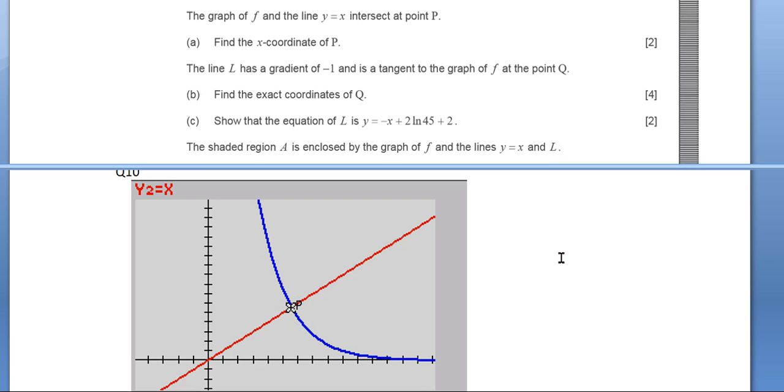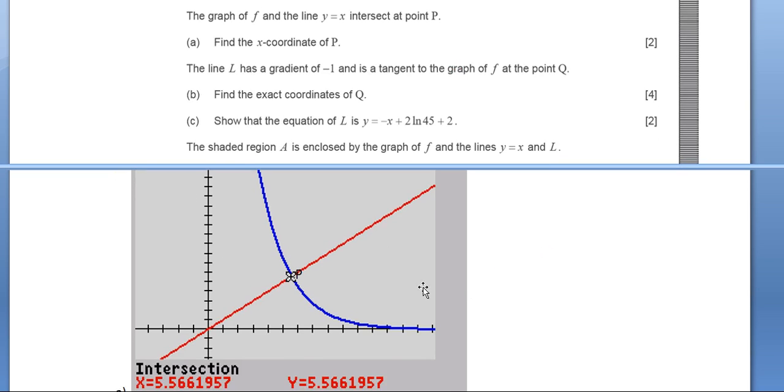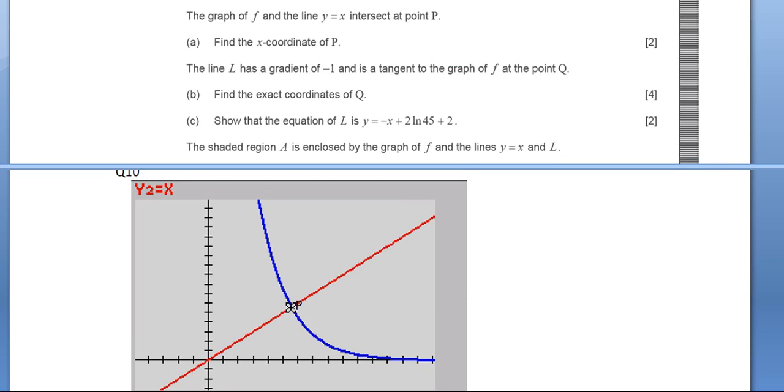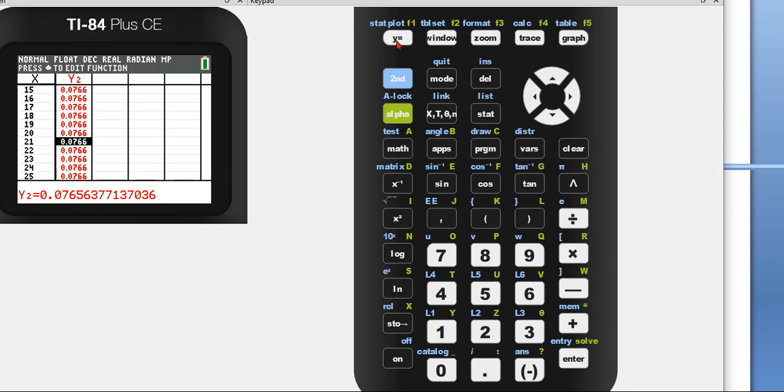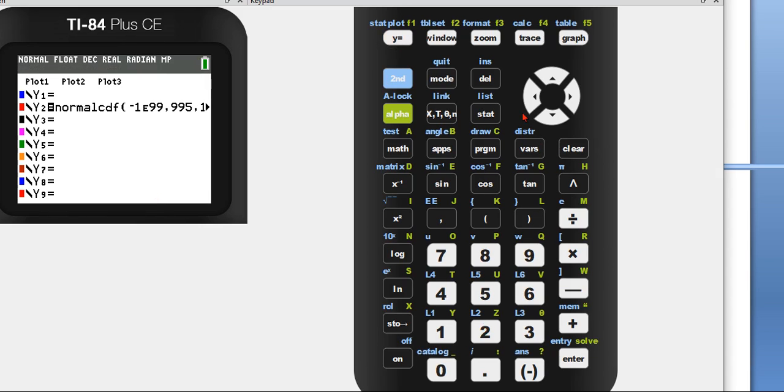Again, we use the calculator. Let me do it once at least. We press y equals, here we clear.